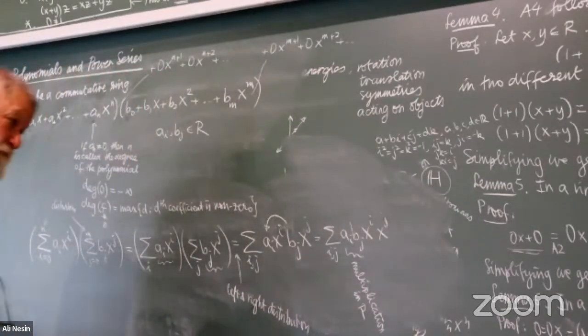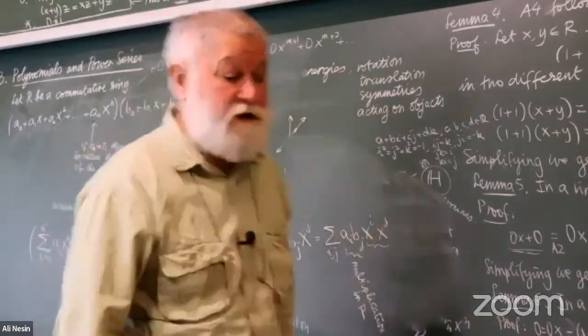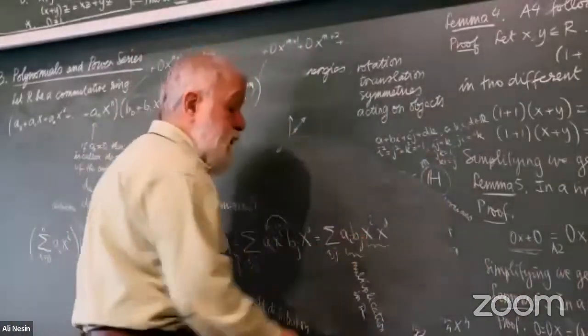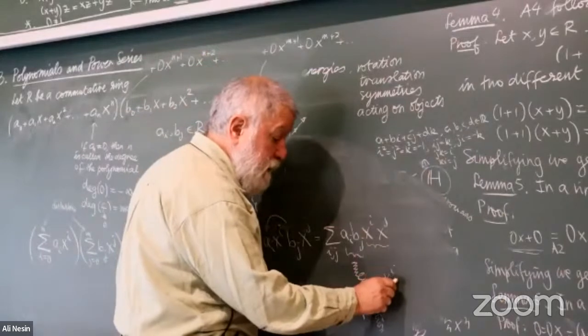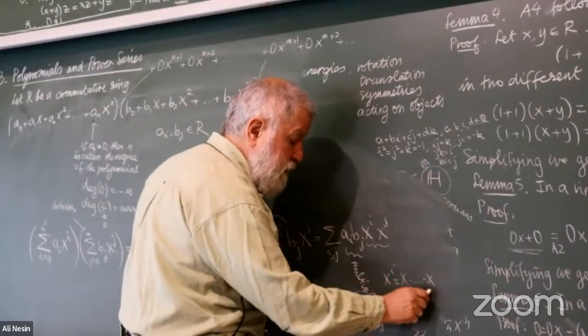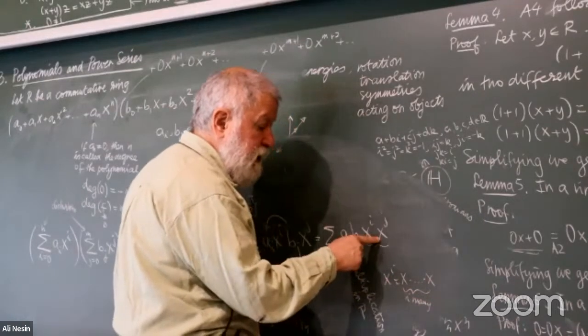So now I have to multiply these two. I have to multiply x to the i times x to the j. If you agree that x to the i is i many x's multiplied, if x to the i is equal to x times x times x times x, i many, then this will be j many x's here.